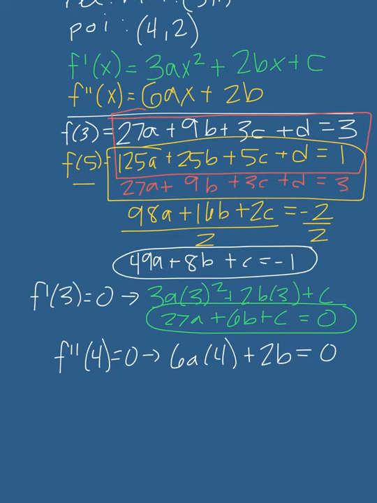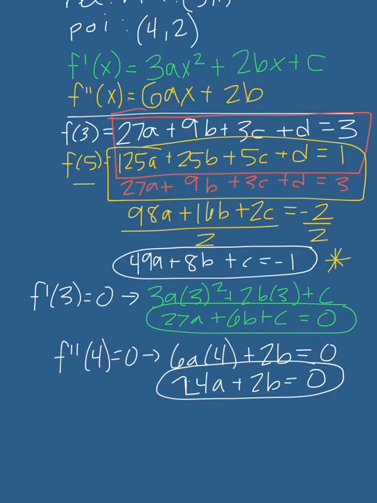So I get 24a plus 2b equals 0. And that's probably something we're going to use, but can't really use it yet. There are more equations that we could create, but I think that we have enough here. So this equation and this equation that I'm putting stars next to, those are the ones that have 3 variables.